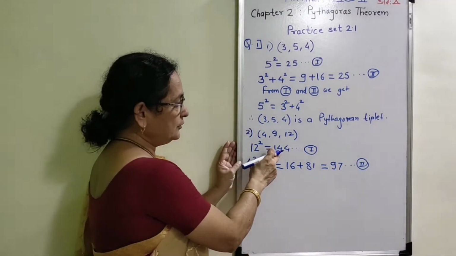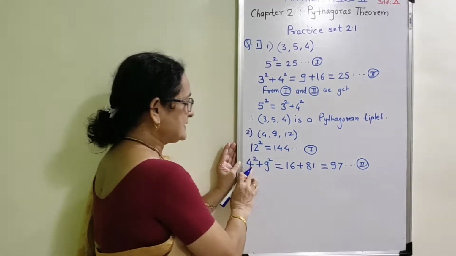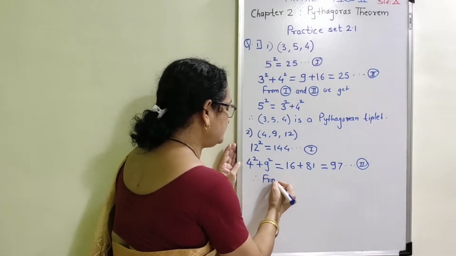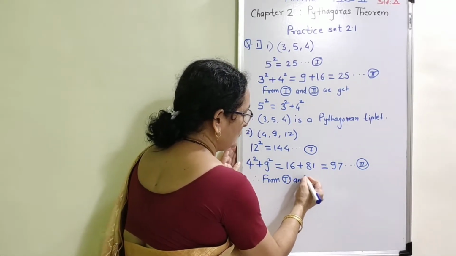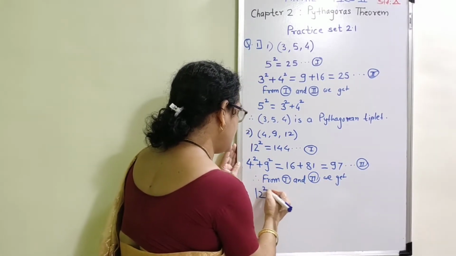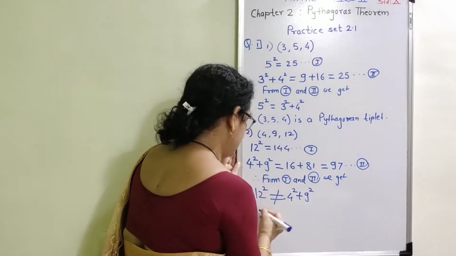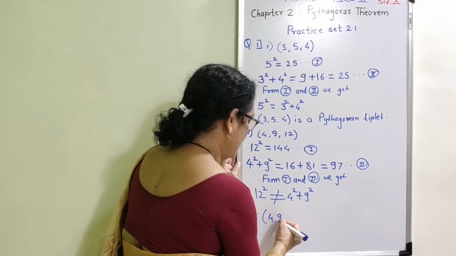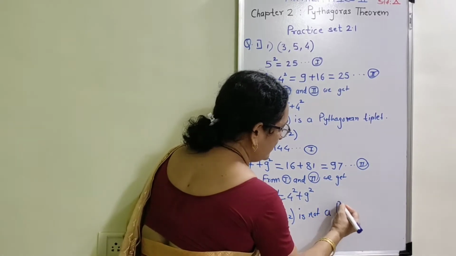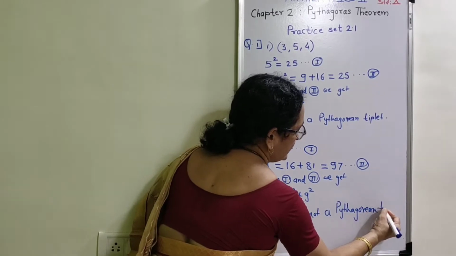Now here observe the two numbers. The largest number square is 144, which is not equal to the sum of squares of the remaining two numbers, and therefore from 1 and 2 we get that 12 square is not equal to 4 square plus 9 square, and therefore 4, 9 and 12 is not a Pythagorean triplet.